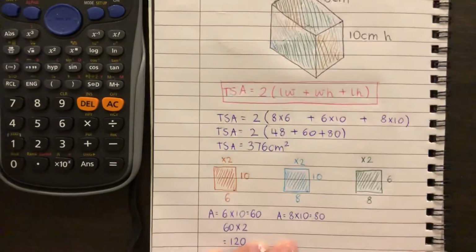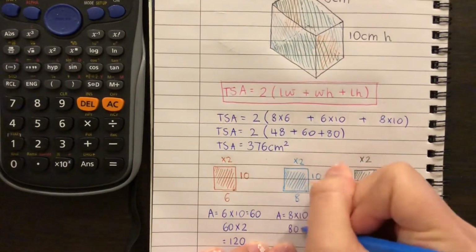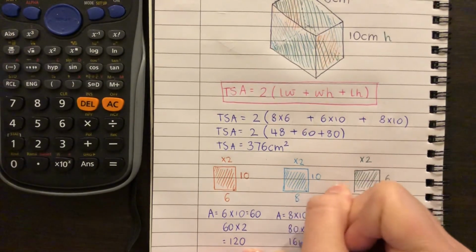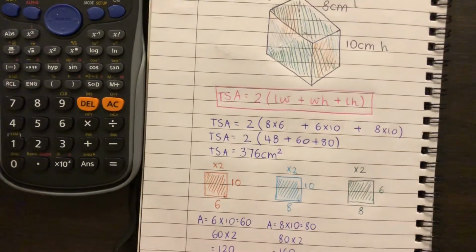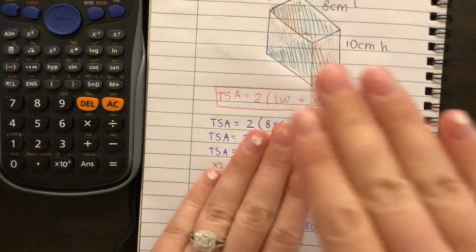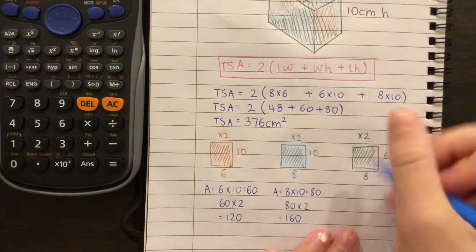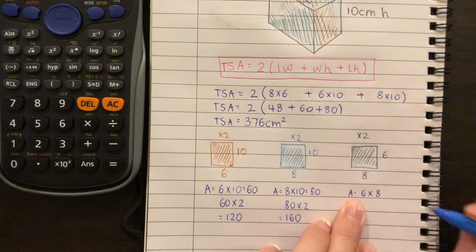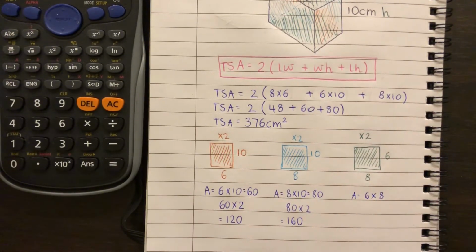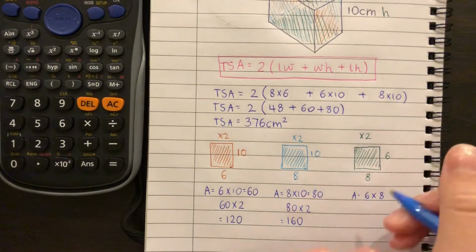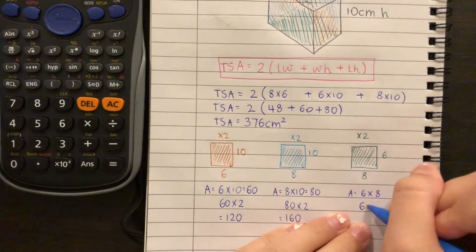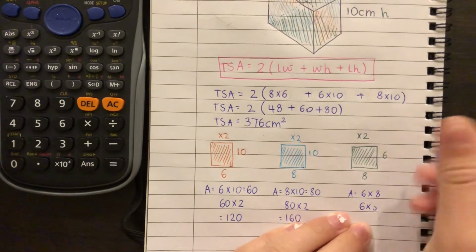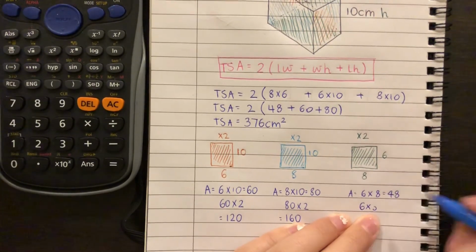There are 2 sides. So 80 times 2, which equals 160. And then for green, which makes our top and our bottom, we've got the area as 6 times 8. All right, so this is making the top and the bottom. Which equals 48.